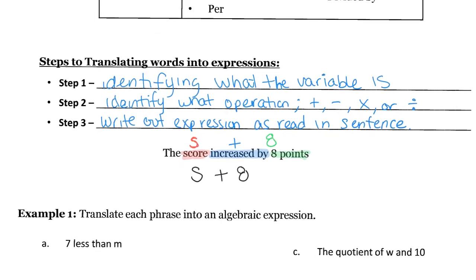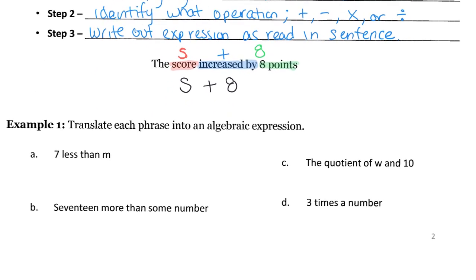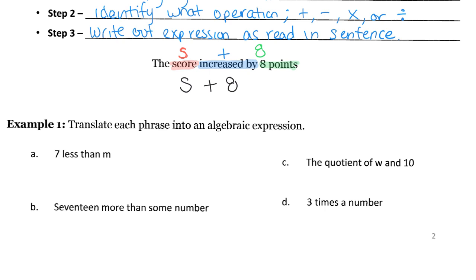So I have one more that I want to go through together, and then I'll let you try some on your own. Okay. So 7 less than m. Sometimes it gives you the variable, so you don't have to come up with one, or sometimes it doesn't.